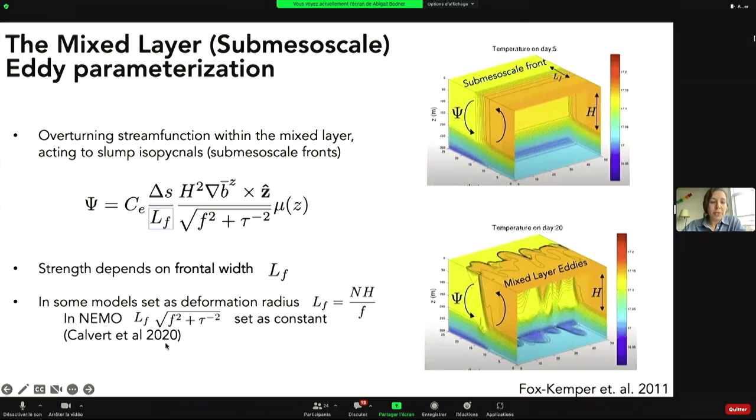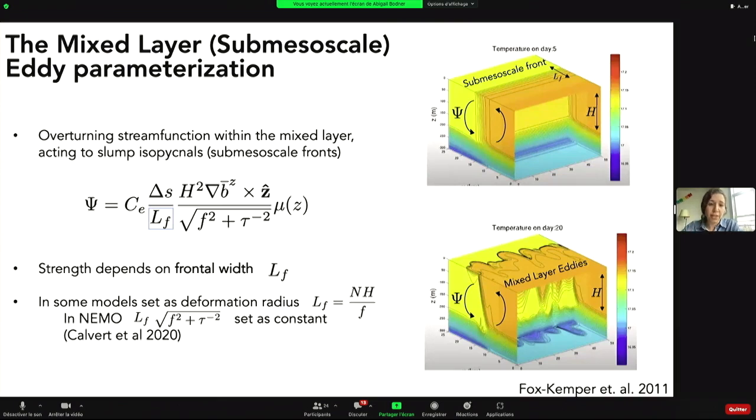And in NEMO, there was recently a paper by Calvert et al. in 2020 that suggested a modification to this, which uses the combination of the frontal width and the Coriolis parameter and sets that together as a constant. And that gives a lot of numerical benefits.